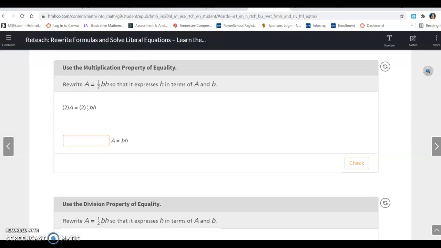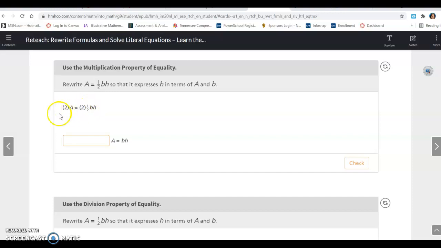Alright, it says use multiplication property of equality. So rewrite area equals 1/2 base times height so that it expresses H in terms of A and B. Alright, so what they're doing here is your equation is 1/2 base times height. Well, to get rid of a 1/2, we're going to move the 2 to the other side.